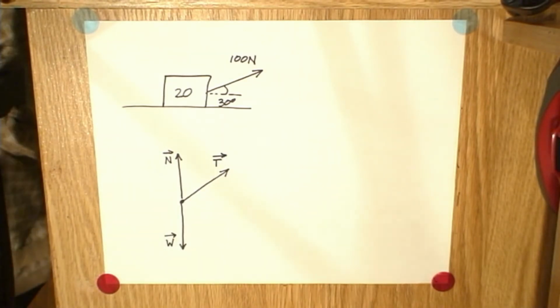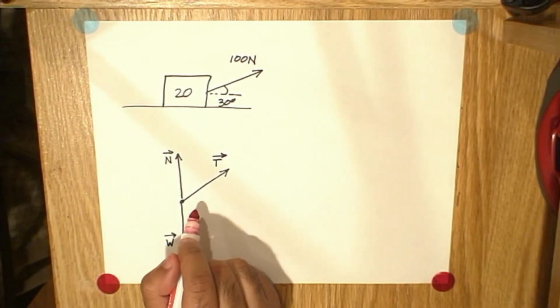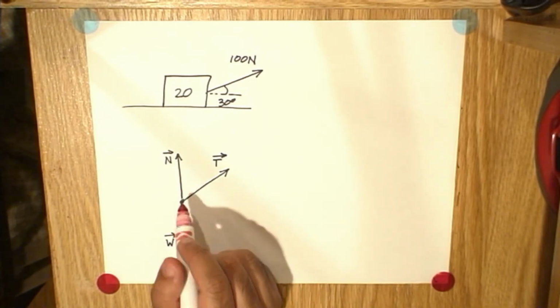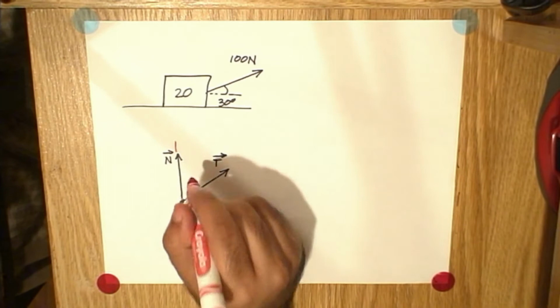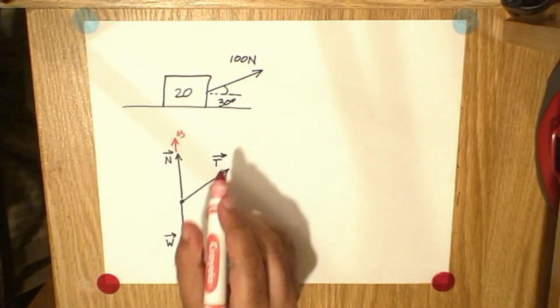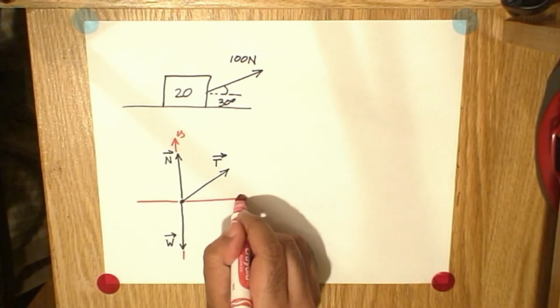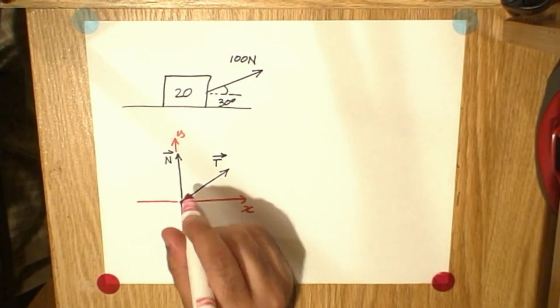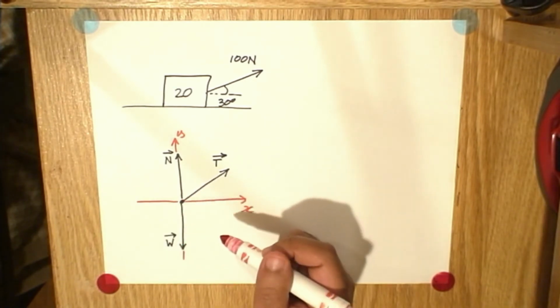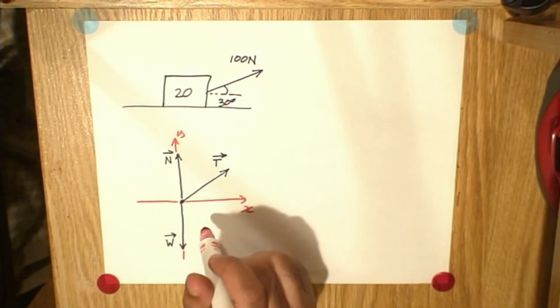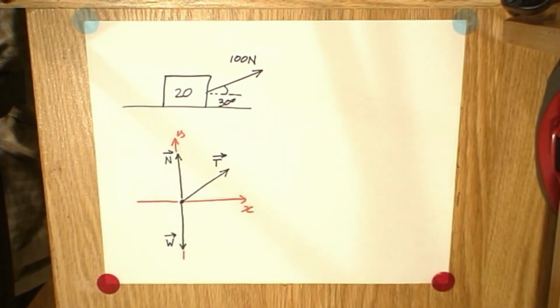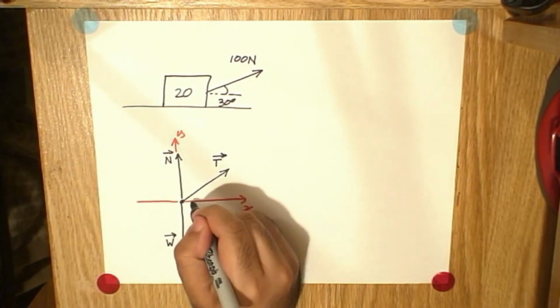Now, in this case, we know that the axes will be drawn in a very similar way to how we've always drawn them. We can set the y-axis in our usual way and the x-axis in our usual way. And we're allowed to do this, of course, because the origin always has to be at the spot. And we like to line up our axes such that as many of the forces as possible are lying along them. So that just leaves the tension force, which is at an oblique angle.